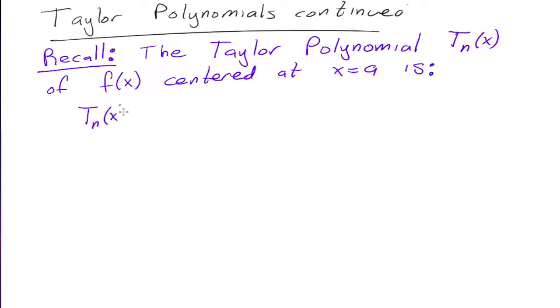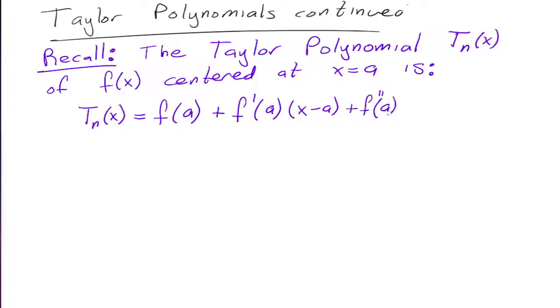Tn of x is equal to the value of the function at a plus f prime at a times x minus a plus f double prime at a times x minus a squared over 2, right?